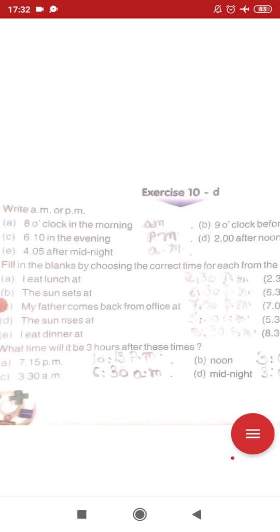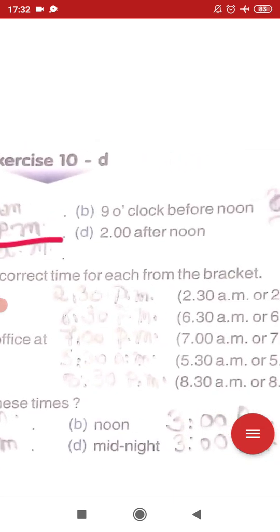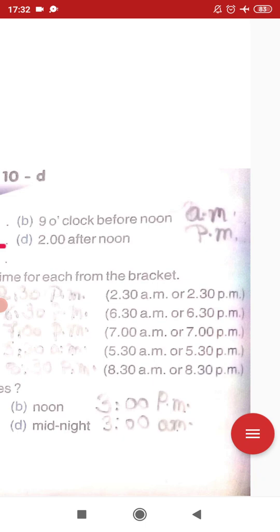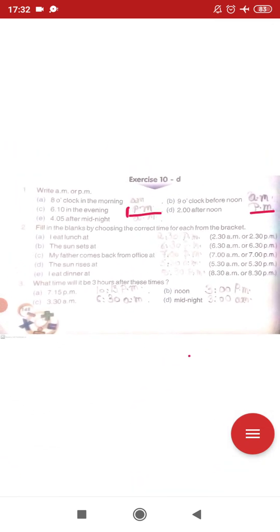So just write PM here. Next, 2 afternoon. Noon means you know that 12 p.m., and 2 afternoon means it is also PM. So just write PM. Your job is to write down AM or PM, observing the time.